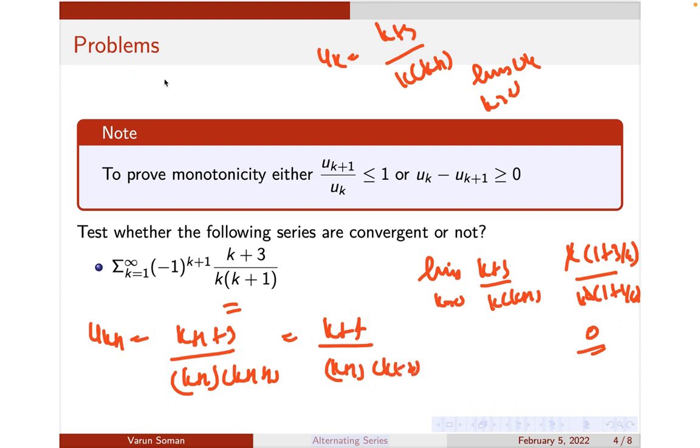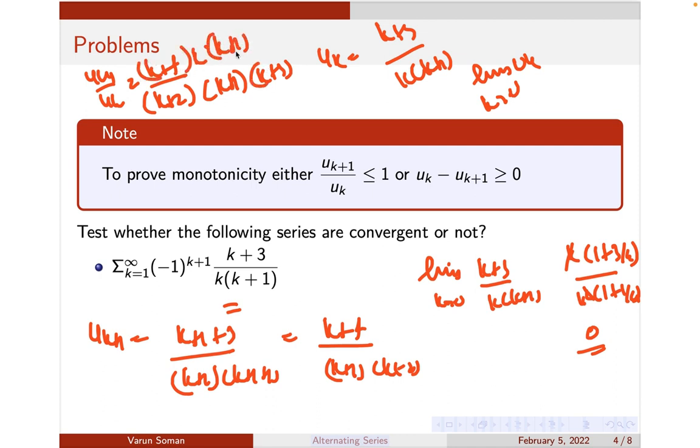Okay, so what is your u_(k+1) by u_k? It is nothing but (k+4) by (k+1) into (k+2), and when you divide by u_k you will be using the reciprocal, so it will be multiplied by k into (k+1) over (k+3).